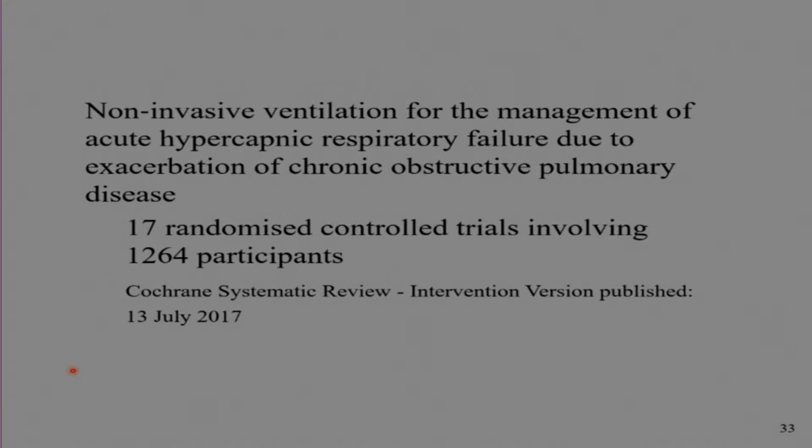Recently, there was a meta-analysis published in 2016, 48 patients looking at non-invasive ventilation in acute respiratory failure. And there is a Cochrane review published in 2017 on non-invasive ventilation and respiratory failure.